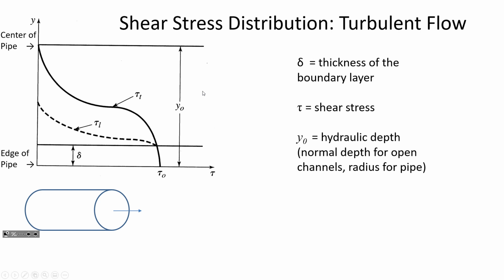Because in the outside edge, there was that layer that conditions were laminar. Even though the rest of the pipe, most of it, was turbulent, there was this cushion around the outside that was a laminar sublayer. So we're going to look at some formulas for calculating the thickness of the laminar sublayer.